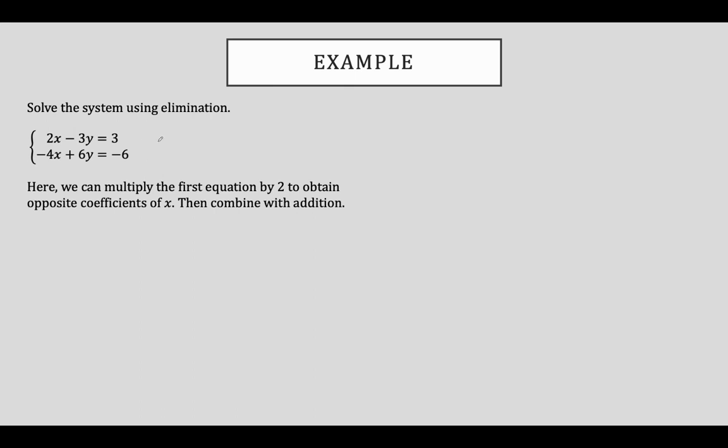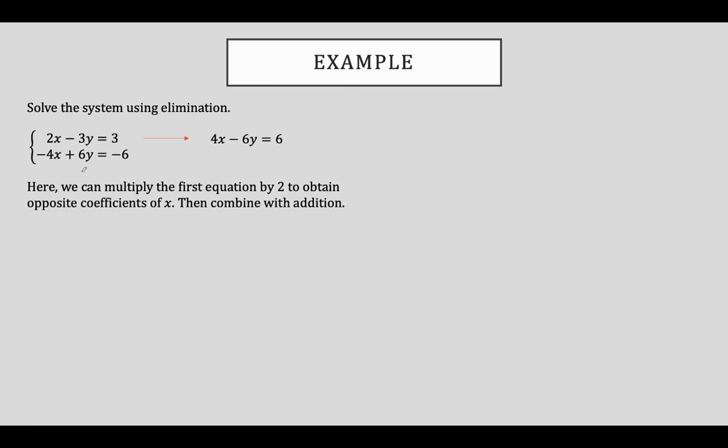However, elimination is still going to be our best bet because trying to do substitution will give us ugly fractions. Again, try to avoid those fractions if at all possible. But we can multiply this entire first equation here by 2. Doing so gives us another form of the first equation. That's 4x minus 6y is equal to 6, which we can now combine with our second equation here.